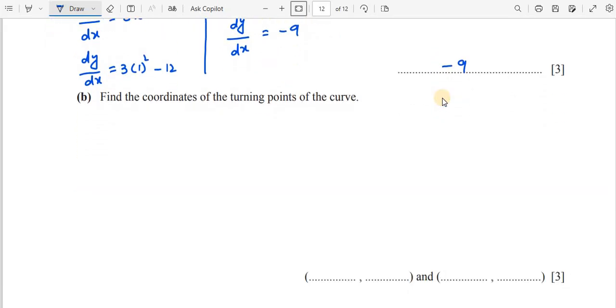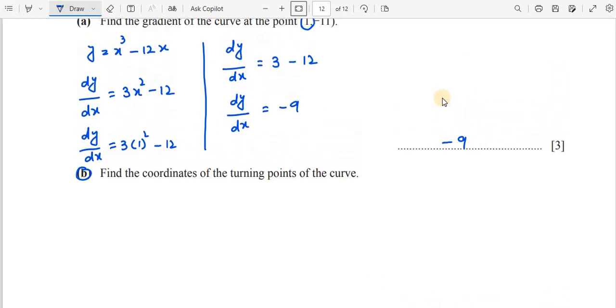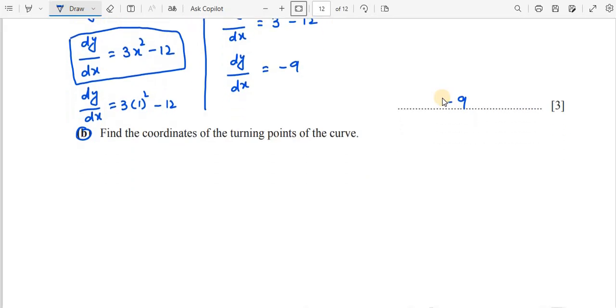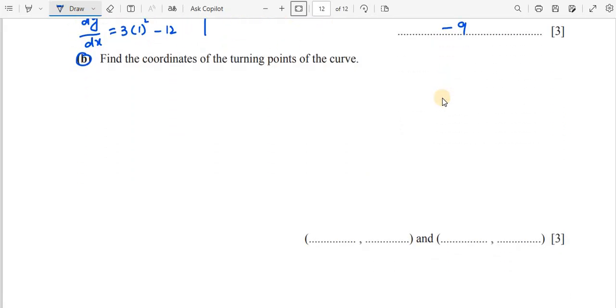Part B. Find the coordinates of the turning point of the curve. The required first derivative is dy over dx is equal to 3x square minus 12. Write this equation: dy over dx is equal to 3x square minus 12.